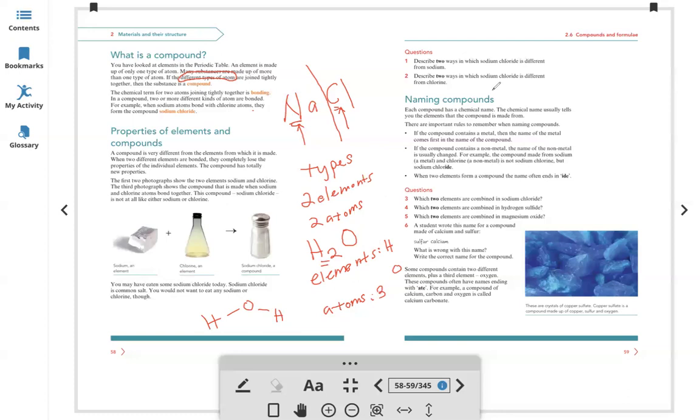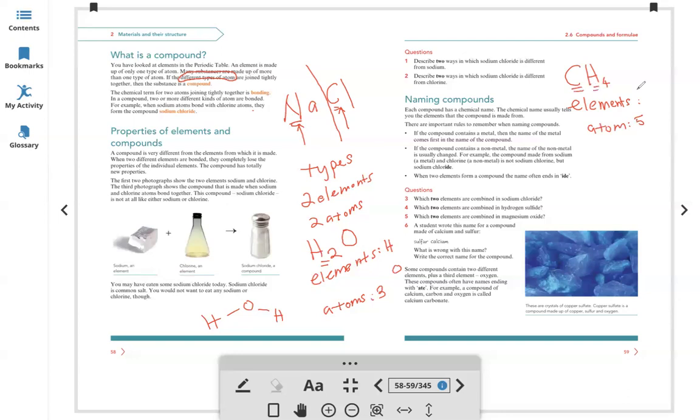Okay, I give you another example, which is CH4. How many elements do I have? Sorry, five is atoms because you have five, but for elements, remember how many types you have?